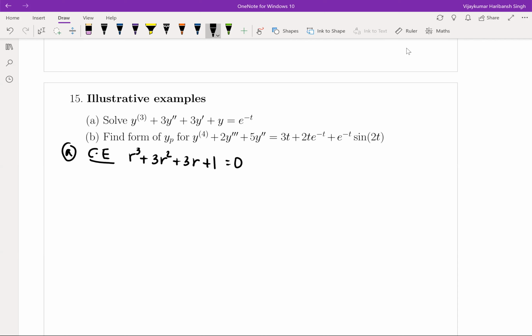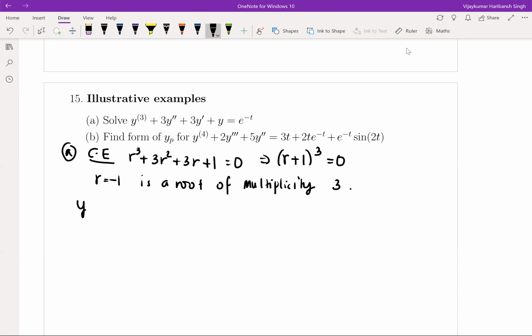This looks exactly like (r plus 1) to the power 3 equals 0. So r equals minus 1 is a root of multiplicity 3.